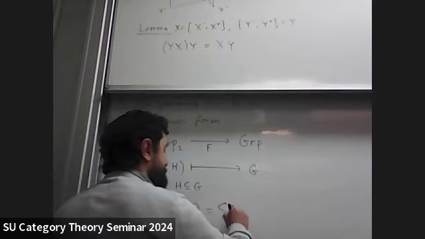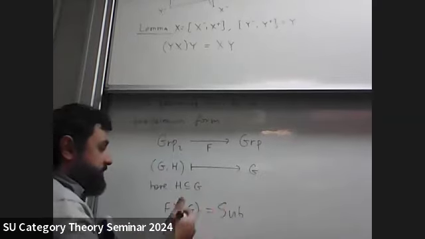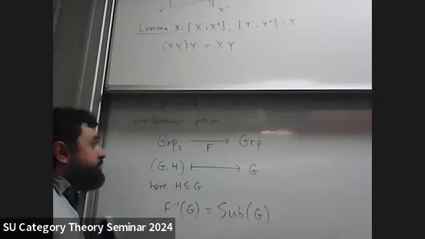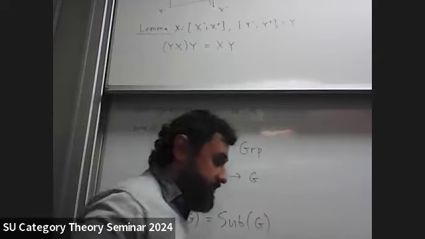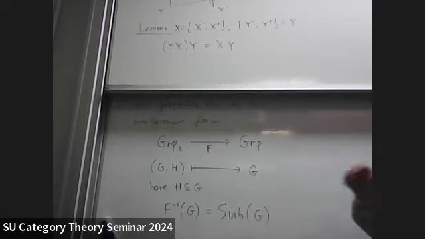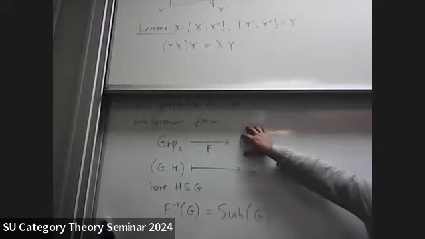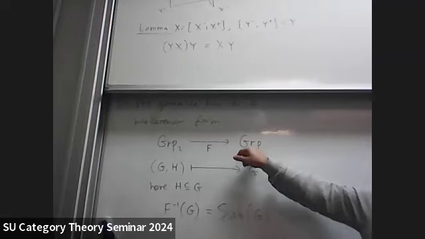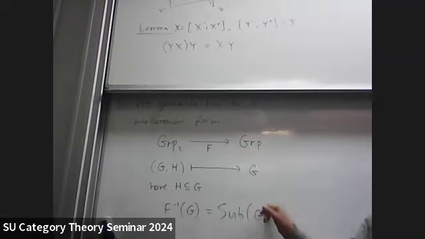It will be the poset of all subgroups, or actually the lattice of all subgroups of G. So the idea of this general context is to recover theorems of group theory, not just by working in a category that behaves as well as the category of groups does, but in fact working with a functor where for each object G in the category, this lattice behaves like the subgroup lattice should.